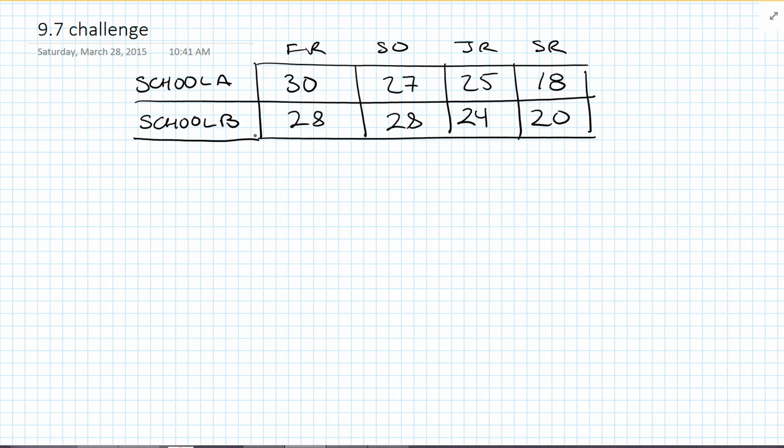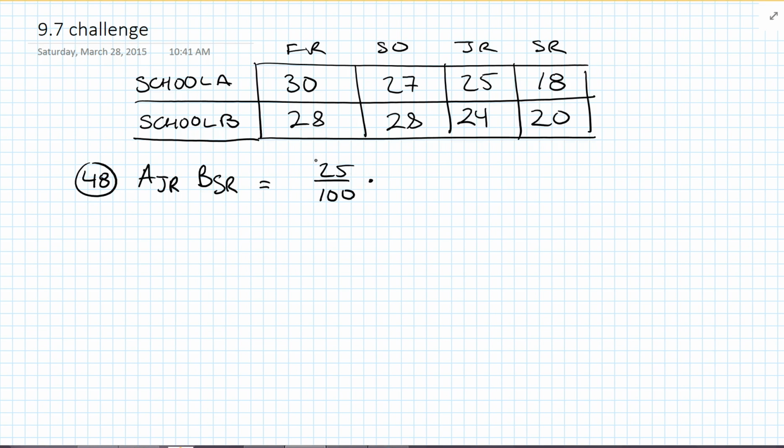Okay, 48 says, what's the probability of a School A junior and a School B senior being chosen for a committee? All right, probability of School A junior would be 25 over 100, 1 over 4.